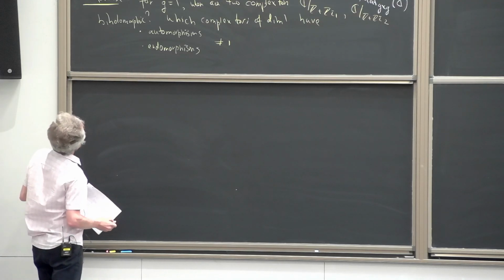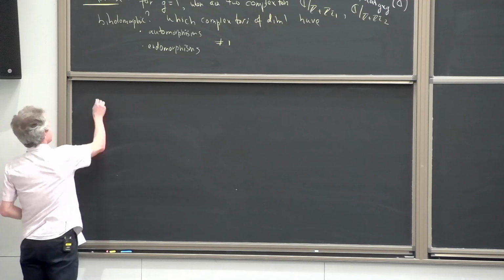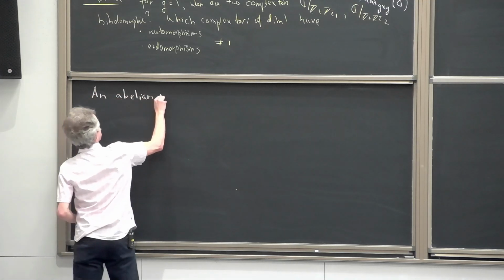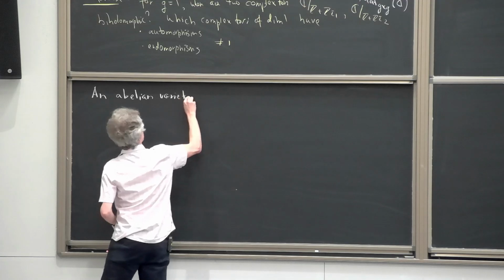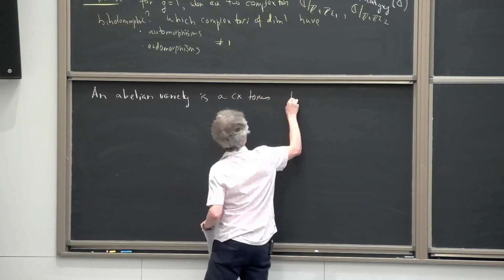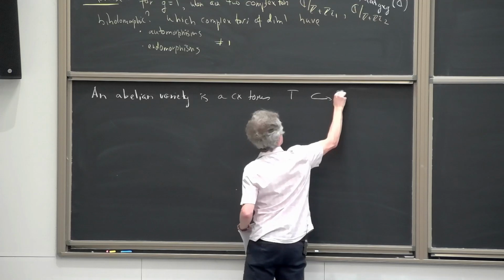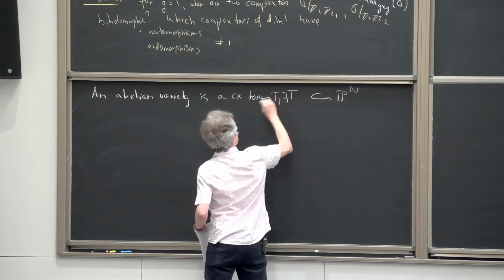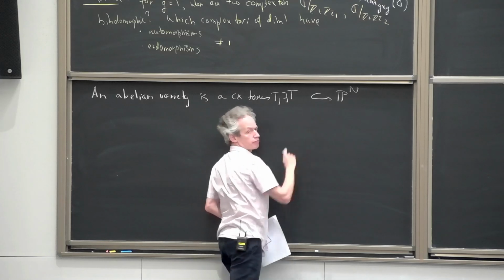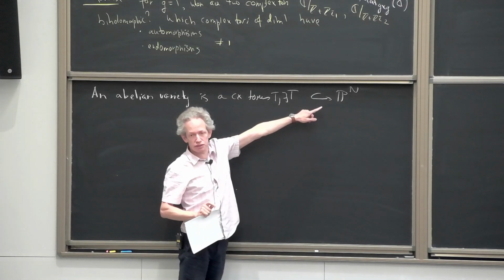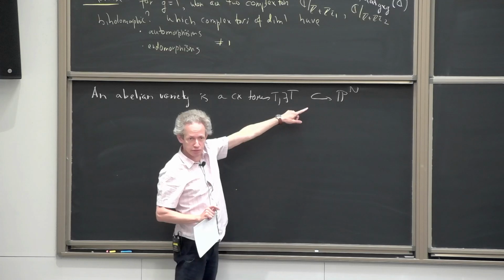Okay? So that's what it means to be a complex torus. An abelian variety is a complex torus T which can be embedded in a projective space, CP^m, right? So an abelian variety is just a complex torus that admits an embedding into a projective space.